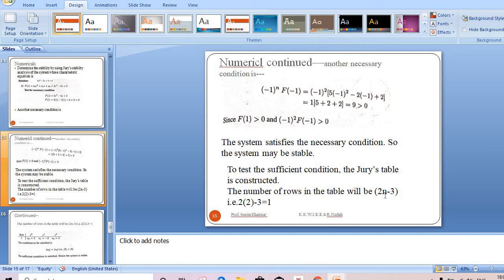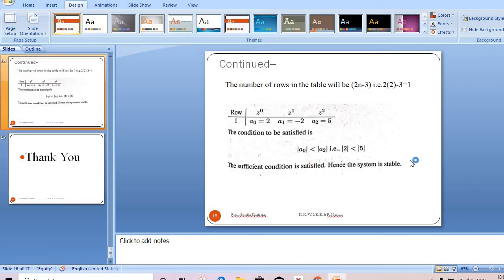What is our n? n is 2. So 2n minus 3 will be 2 into 2, 4 minus 3, equal to 1. So there is only one row. And what is that one row? A0, A1, A2, so it is 2, minus 2, 5.